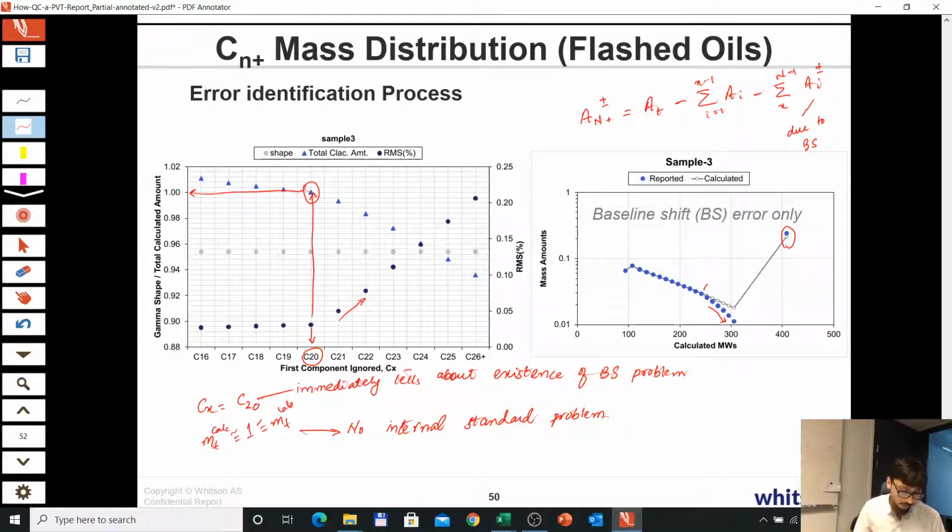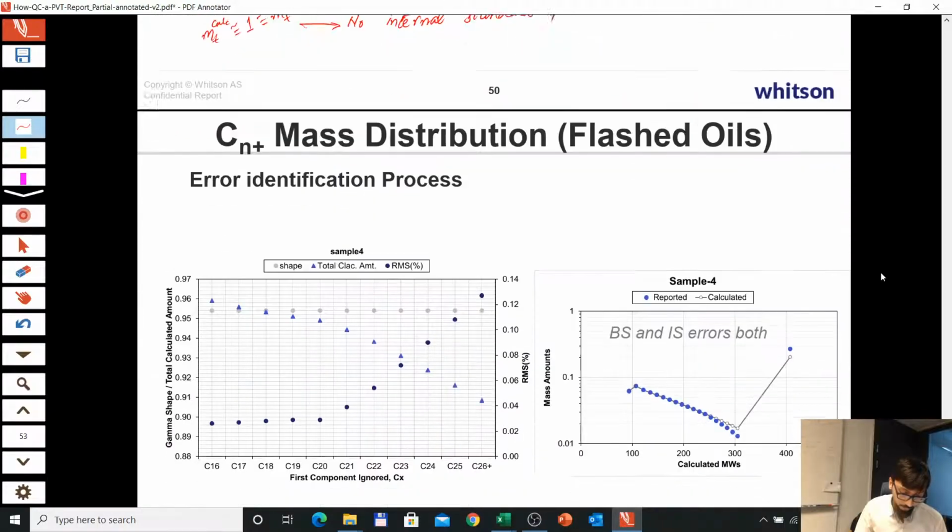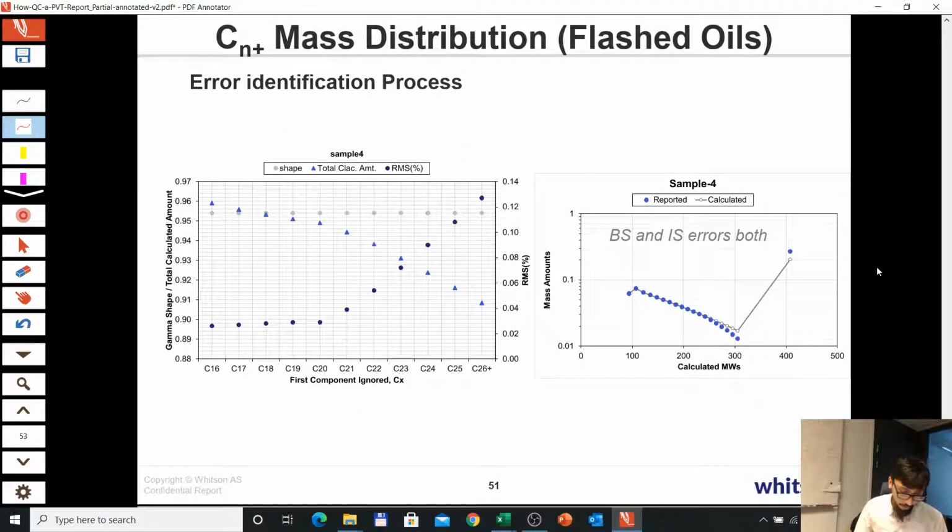So that was our third sample, and then we have a fourth sample, and as you might have already guessed, this sample has both problems. But again, let's say we don't know about it, and we try to see from this identification plot. What you again see is that we have C20 here.